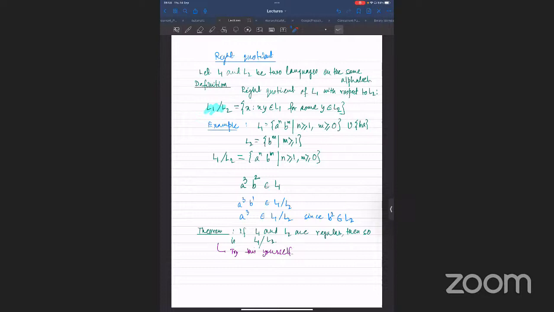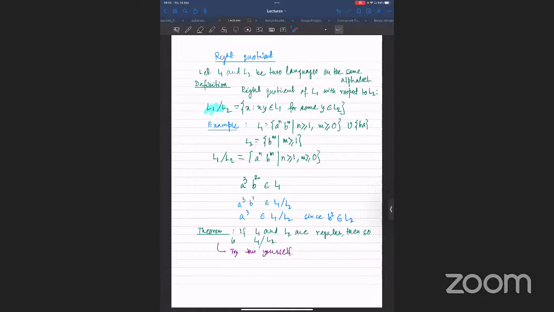These are those x's such that if you add something from L2, then the result is going to be in L1.